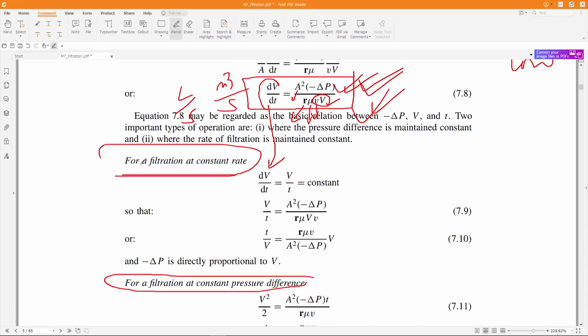So for constant rate filtration, you have dV by dt. This is V by T. This is no more dV by dt because this is constant, so we can write V by T. Put this in the equation and rearrange it.